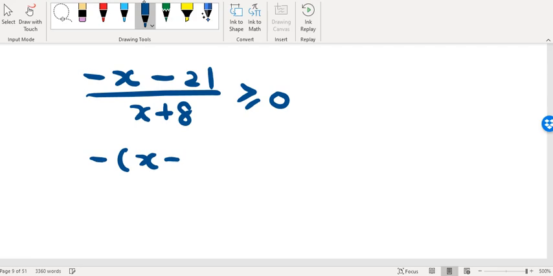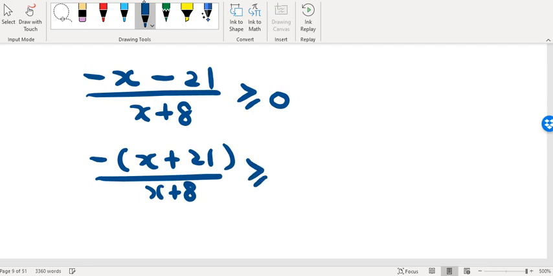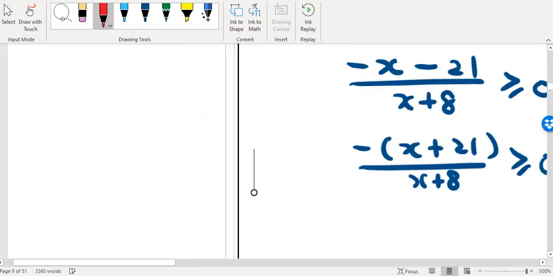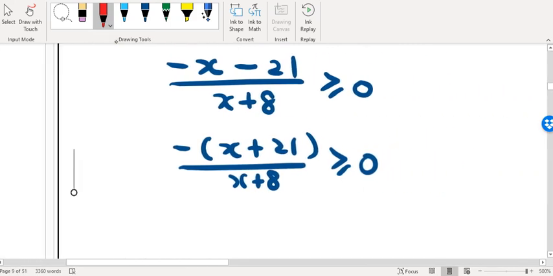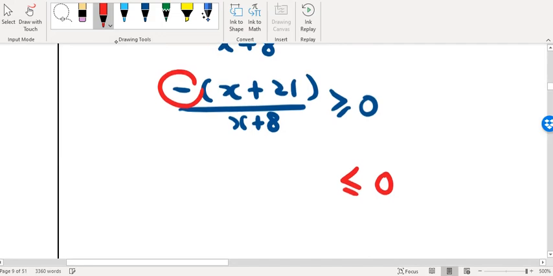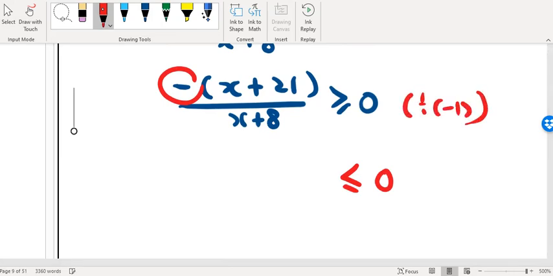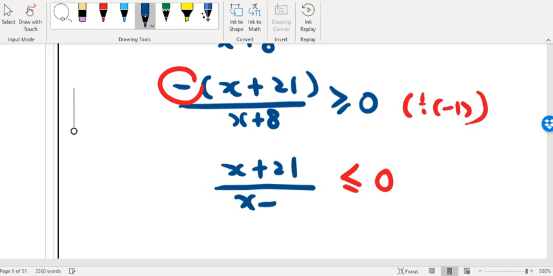You can factorize out the negative. Do remember every time you have a negative, change the symbol first, then after that divide by negative 1. So obviously you have x plus 21 over x plus 8.